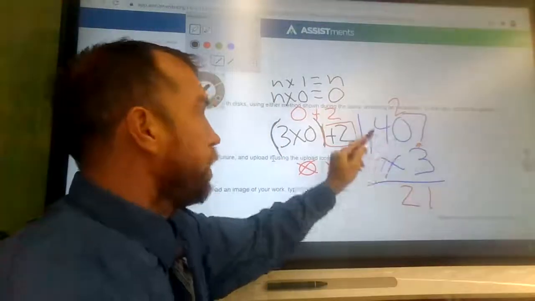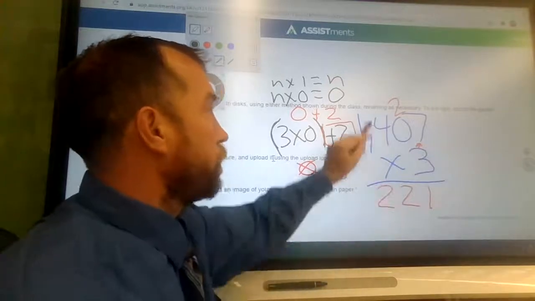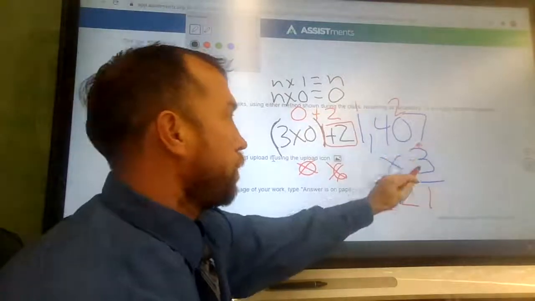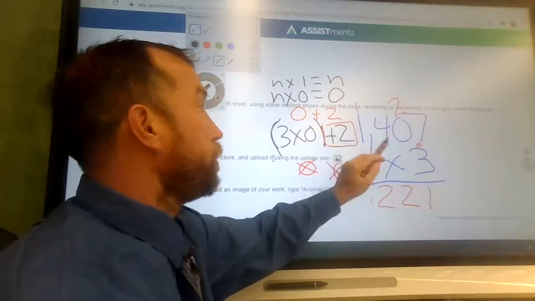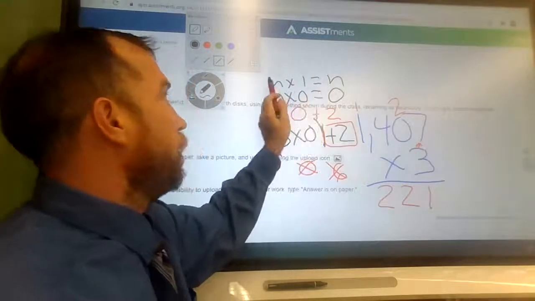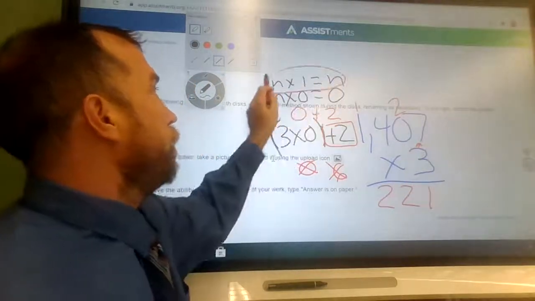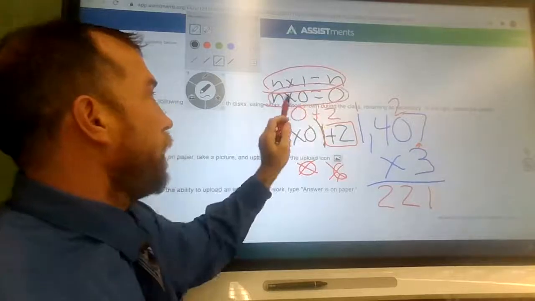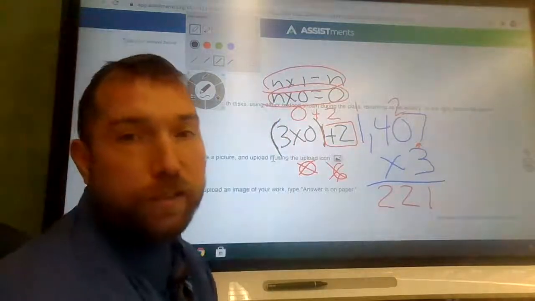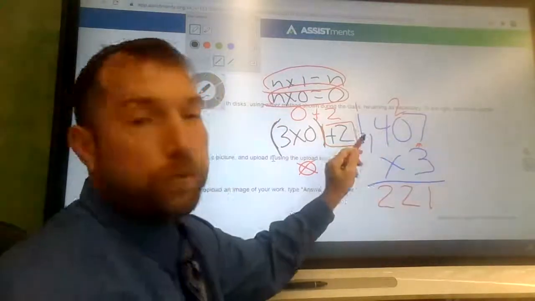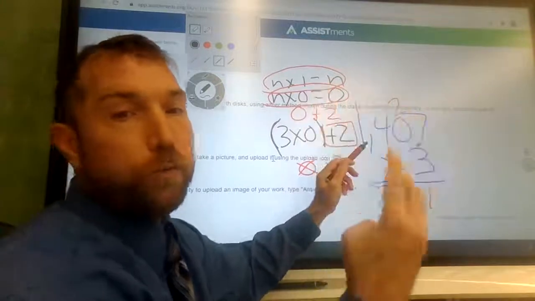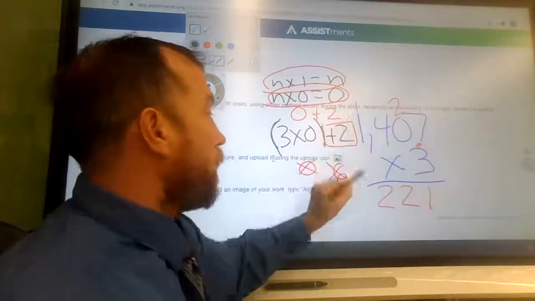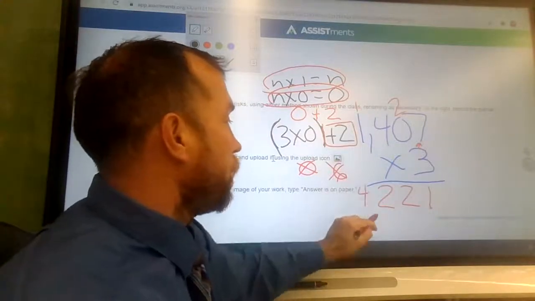Then 3 times 4 is 12, so I carry the 1. And then 3 times 1 is 3. Remember, that's my identity property. This one's called the 0 property. Any number times 1 is itself. So 3 times 1 stays 3. I have one group of 3. And then I add that extra 1 back on.